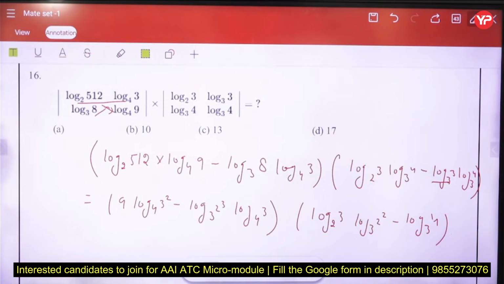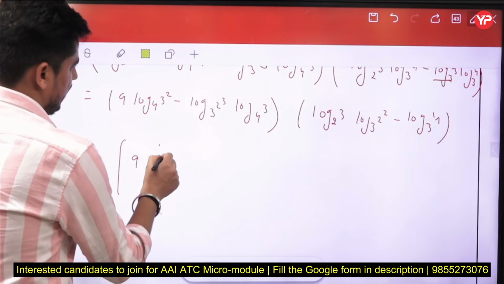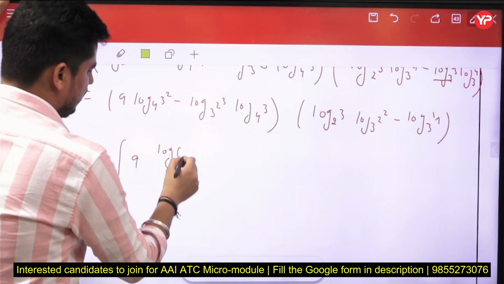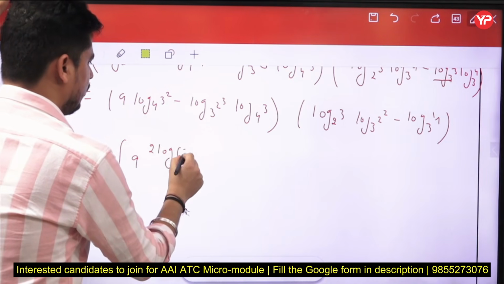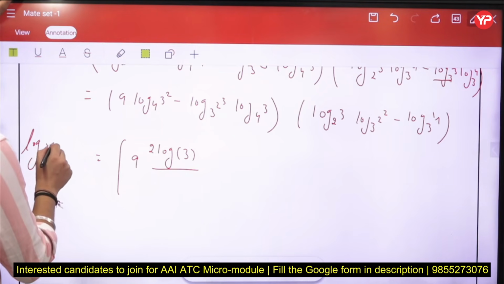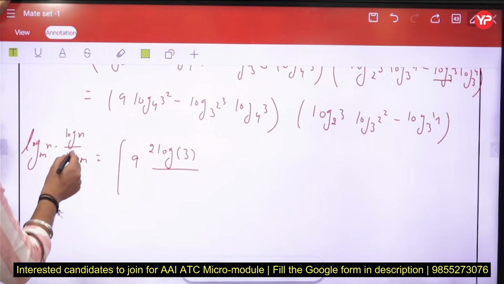So after this we can take the first term, 9 as it is. I am writing this 9 as it is. This can be written as log of 3 to the power 2, with 2 outside. We are using that log of m base n is equal to log of n divided by log of m, in natural base.